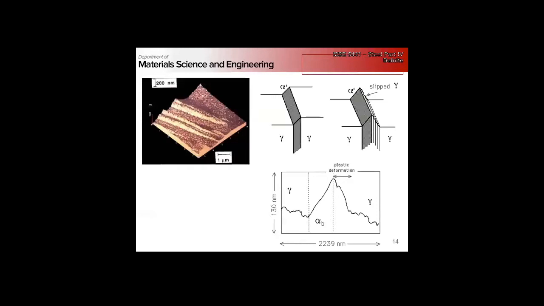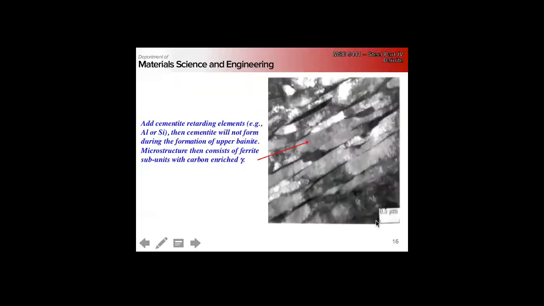So you have the bainite subunit that forms, and then you get plastic slip next to it. And we can see this in atomic force microscopy measurements of the surface. Right. So here, this is our bainite, our ferrite region. And you can see we have a raising of the surface, and then we have plastic deformation that brings it back down.